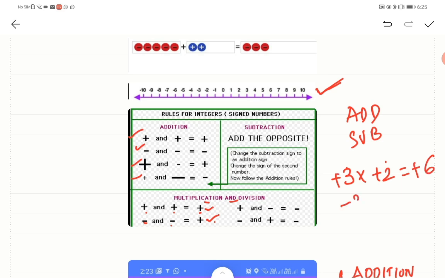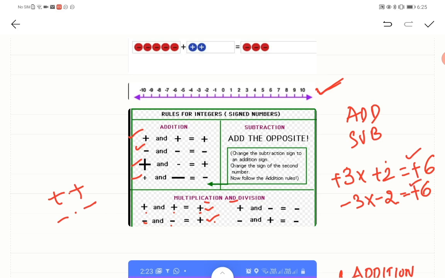If you are multiplying minus 3 to minus 2, then what? It is again plus 6. Okay, so remember, if you have two same signs for multiplication or division, your output will be positive.